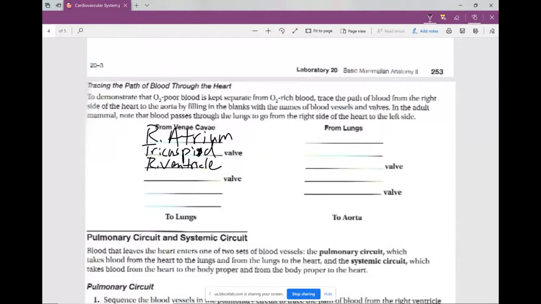And the right ventricle will pump blood through the pulmonary semilunar valve into, let's see, we'll call it the pulmonary trunk.